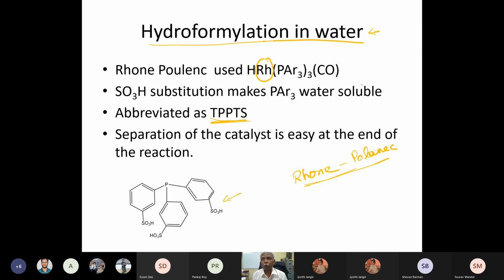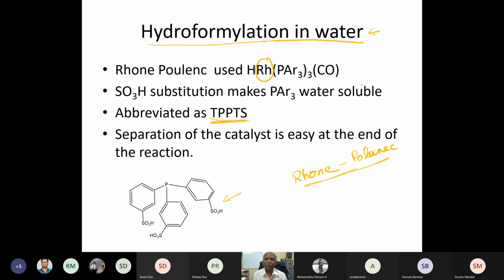Okay, now I come to one more innovation. I'm calling it innovation because these are small modifications which people used. Instead of using PPh3, Rhone-Poulenc, which is again another company, used a substituted phenyl group in the phosphine, and it was a meta-sulfonic acid that was introduced.